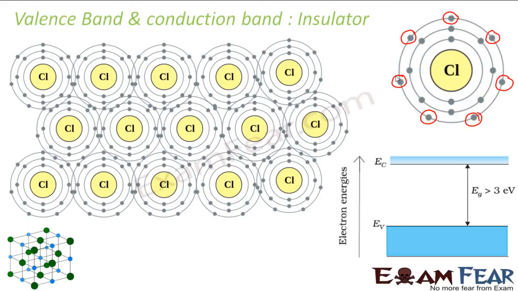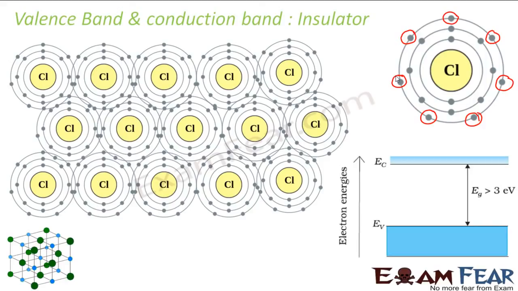Whereas if you think about the tendency of the chlorine atom, if it wants to get stable, it can just take 1 electron from somebody and it can become stable. So why should it lose all the 7 electrons? The chlorine atom is also not much interested to lose all the 7 electrons.